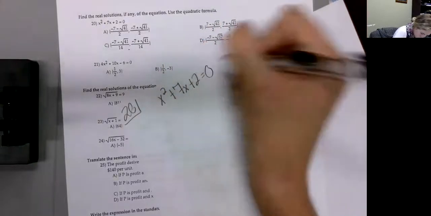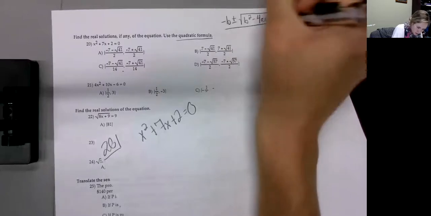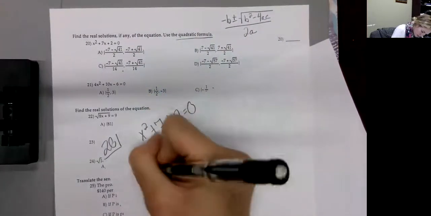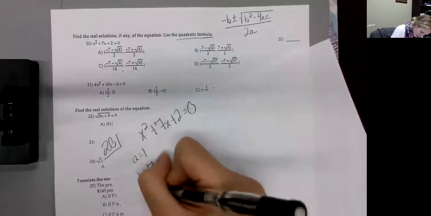So if x squared plus 7x plus 2 equals 0, they want us to use the quadratic formula, which is negative b plus or minus the square root of b squared subtract 4ac all over 2a. So our a in this one would be 1, b would be 7, and c would be 2.